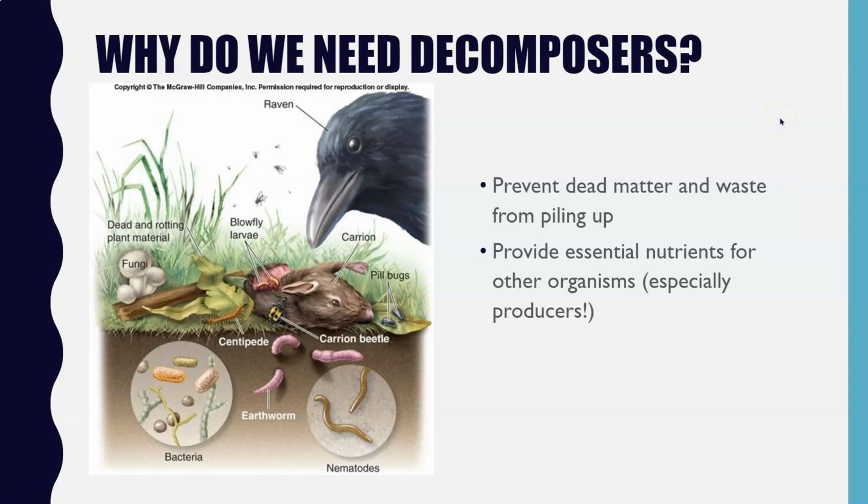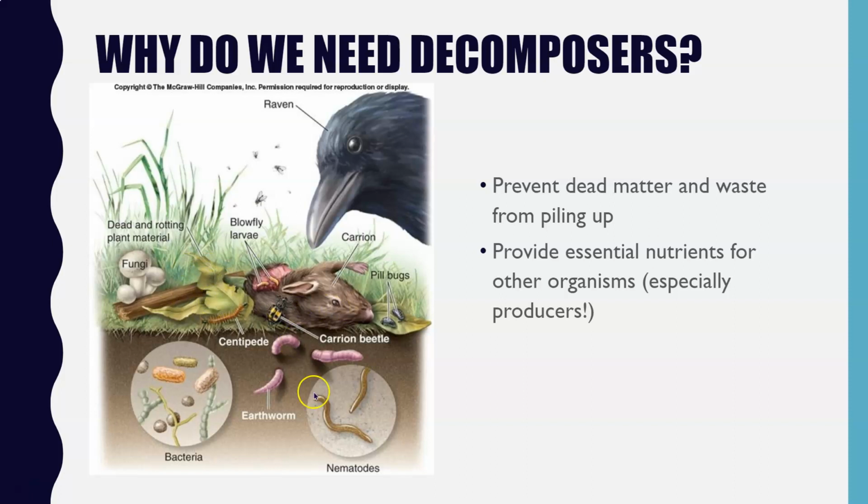All right, so in essence, why do we need decomposers? So taking a look at the image on the left-hand side, you're seeing a mouse that has died, and you see dead and rotting plant material.